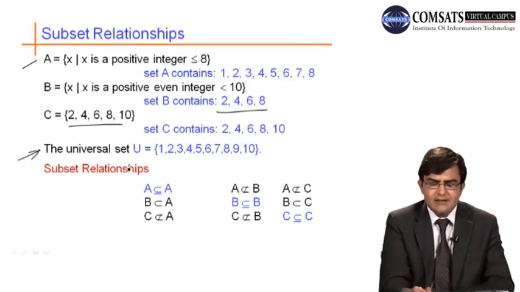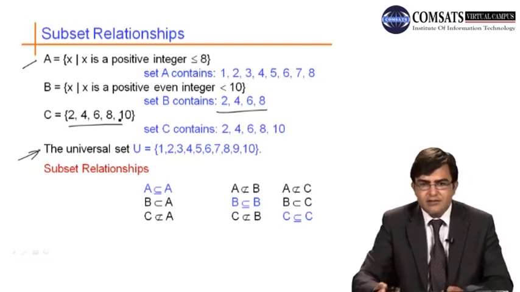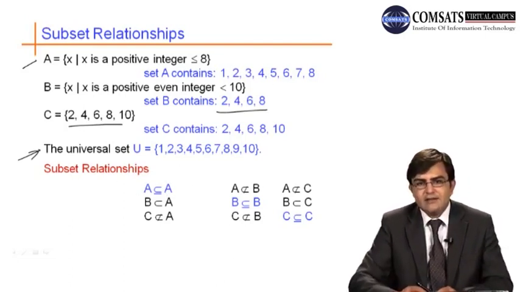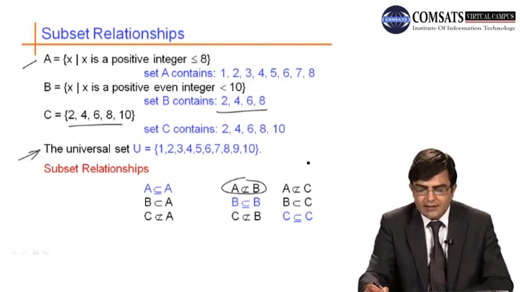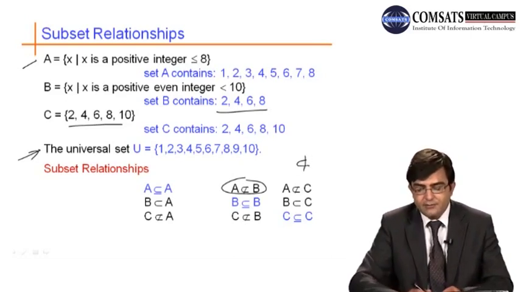Now the subset relation: A is a subset of A. This is always true. Any set is always a subset of itself. A is not a subset of B, and we denote it by this. A is not a subset of C, we denote it by the subset symbol and we cross it. This is the notation for not a subset of another set.